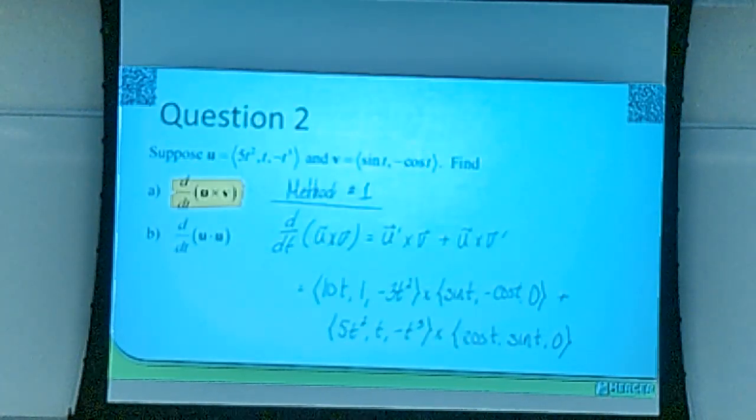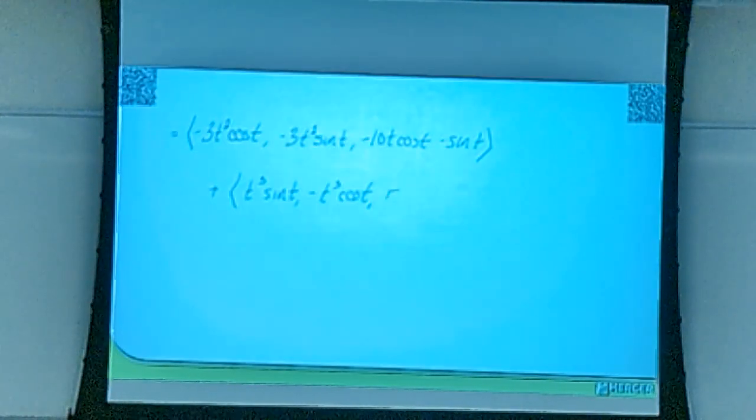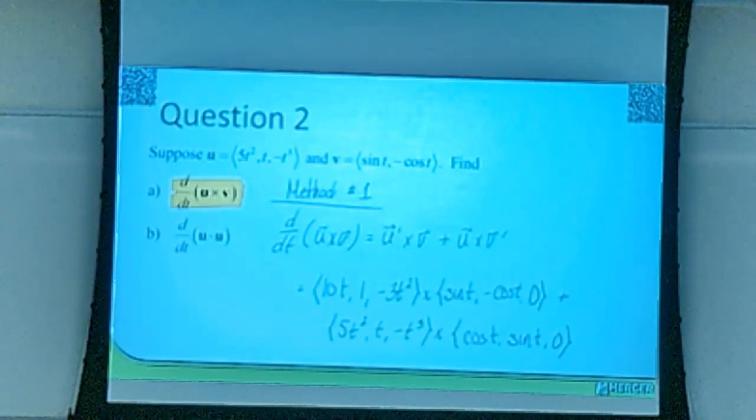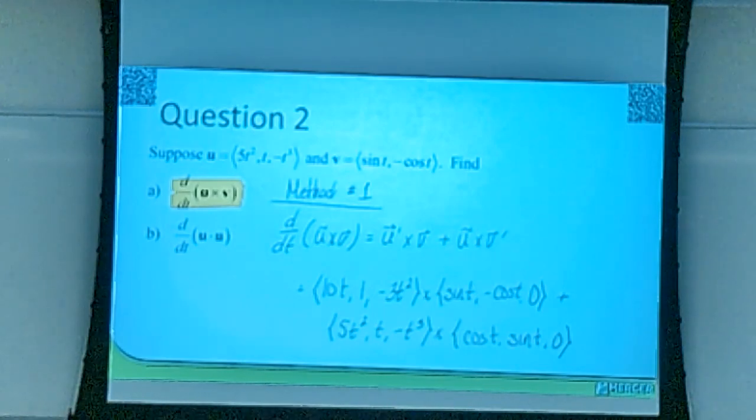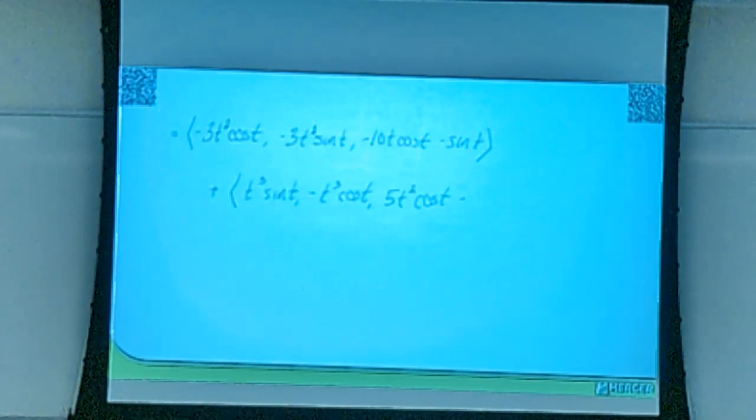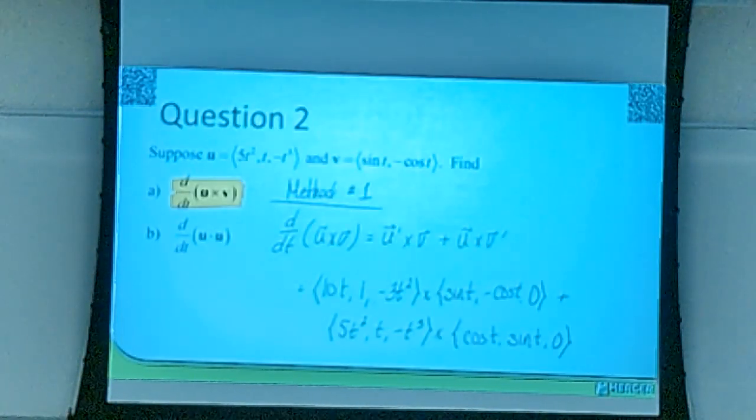Five t squared sine of t minus t cosine of t. So it was minus t sine. No. T cosine. Which means that should have been a sign there. Just make sure I get that right. Yeah, 5t squared sine t, and then that, yeah.